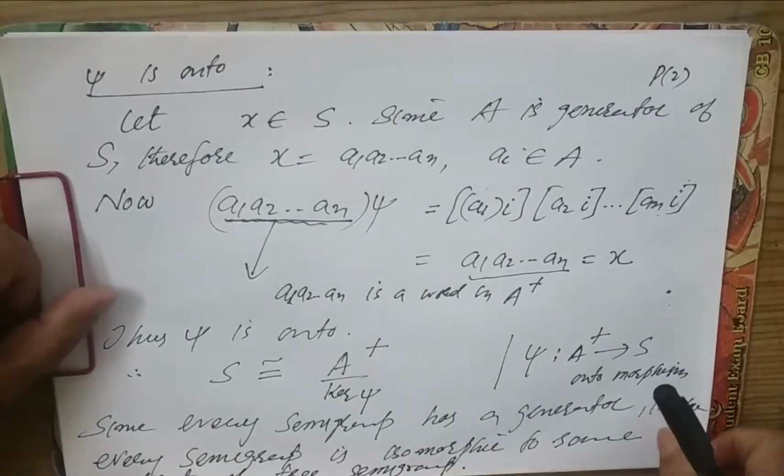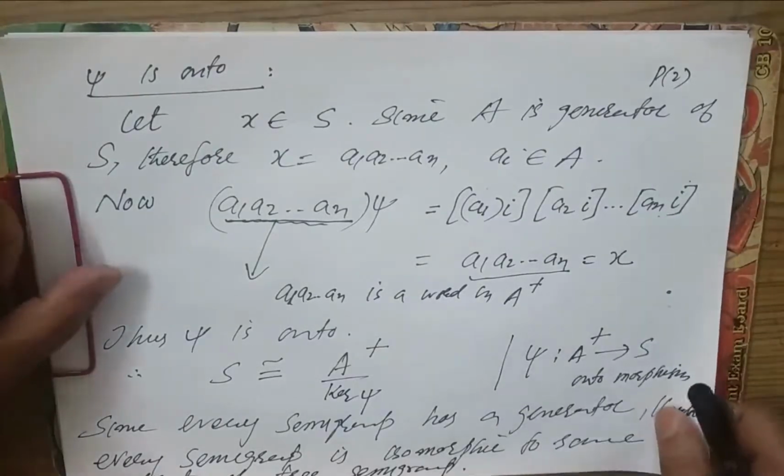Now suppose we have a finite generator for a given semigroup.